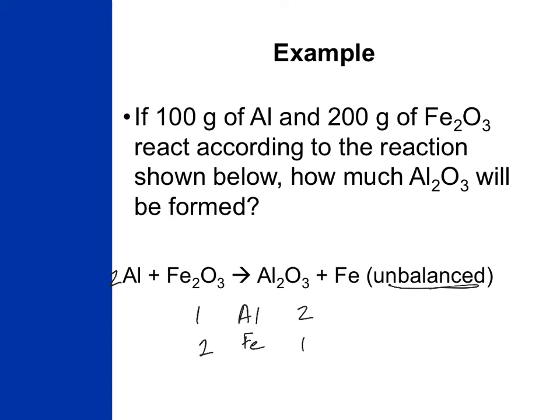So we're going to need to put a 2 in front of the iron on the left. And then let's check really fast our oxygens. We have 3 oxygens on the left side and 3 oxygens on the right side. So now we have a balanced equation.